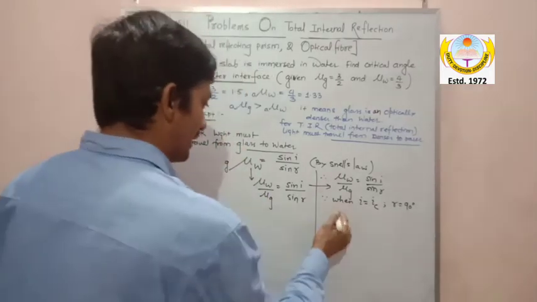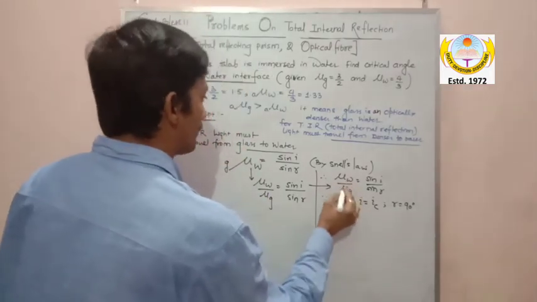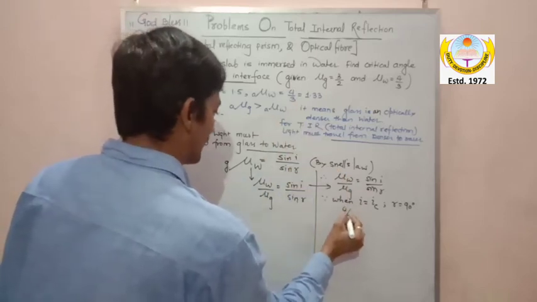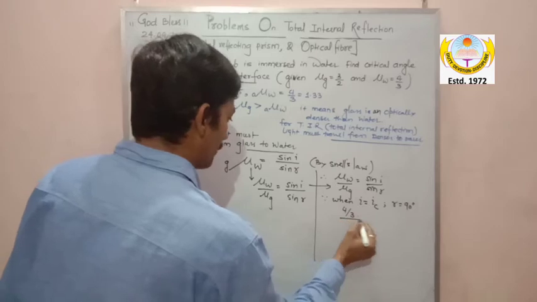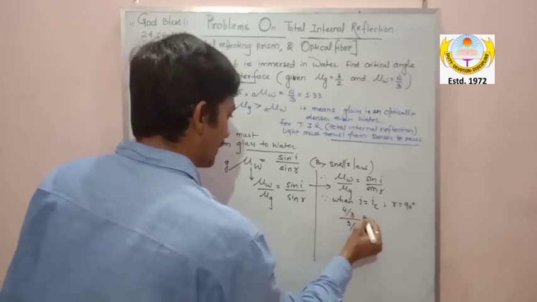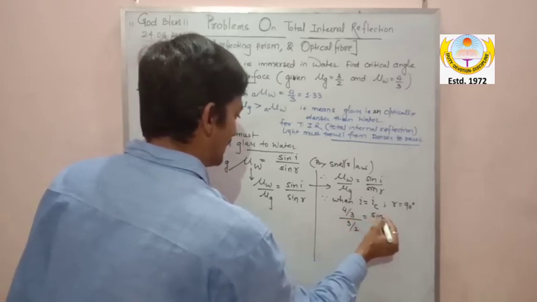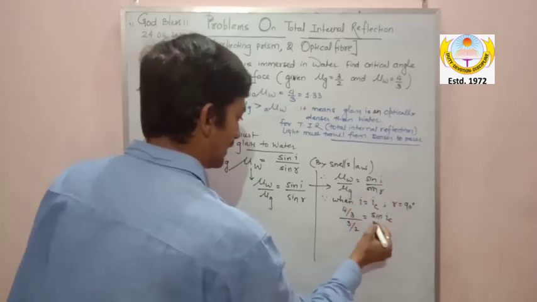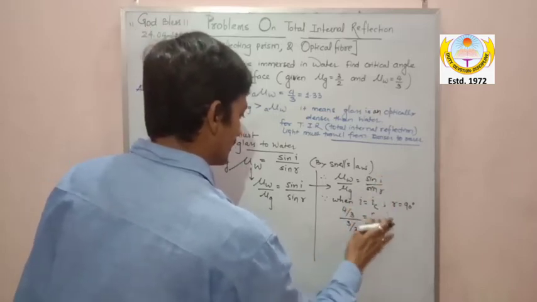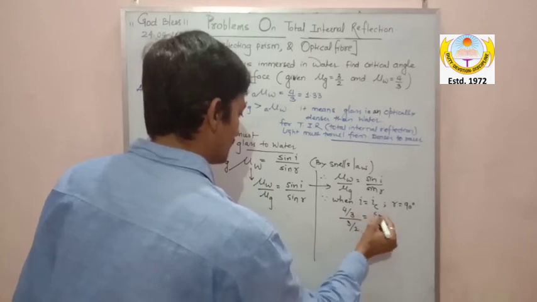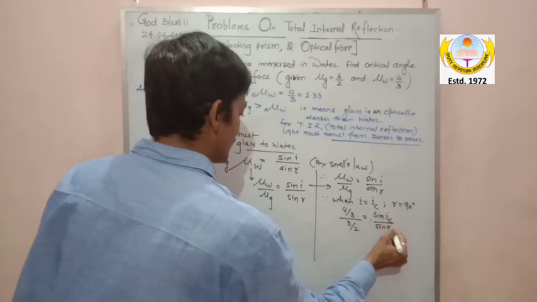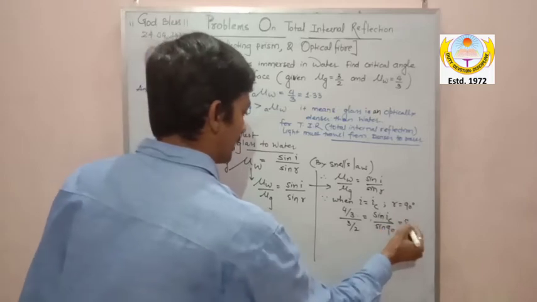So now here, my dear, this will be nothing but mu of water is 1.33, that is 4 by 3, and mu of glass is 3 by 2, is equal to sin IC. You can see sin IC because I becomes IC, upon sin 90. Now sin 90 is 1, so it becomes sin IC.